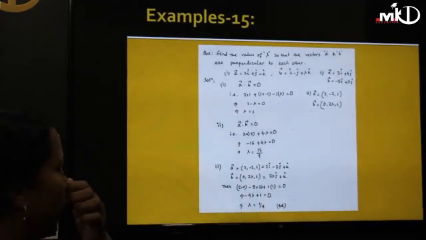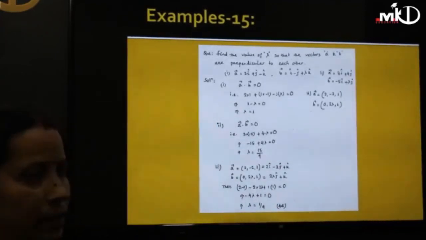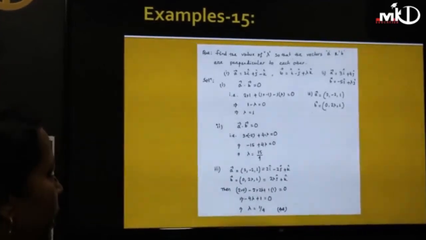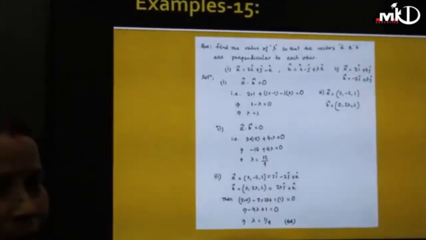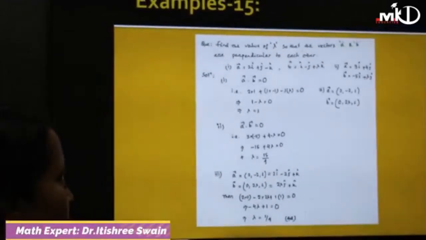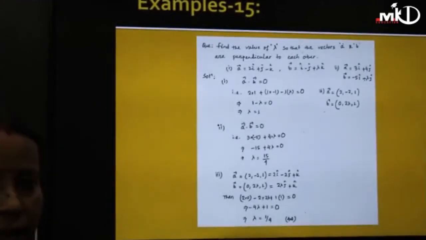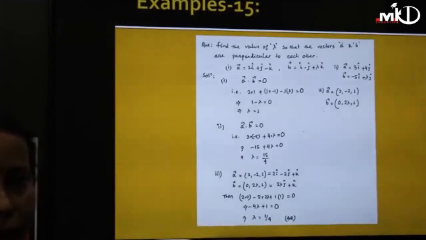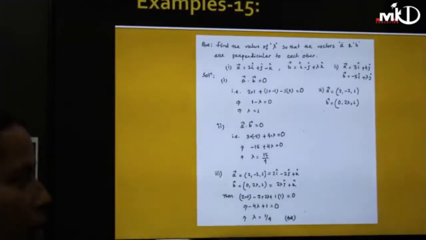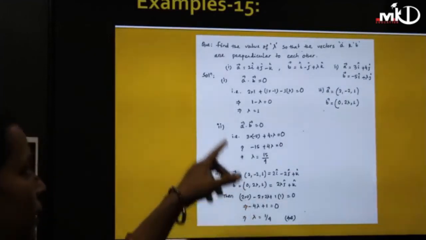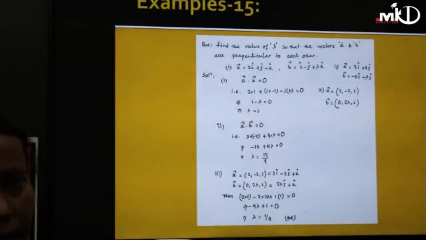Find the value of lambda so that the vectors A bar and B bar are perpendicular to each other. Friends, from the first video you know the condition that two vectors are perpendicular to each other: whenever two vectors are perpendicular, their dot product should be 0.